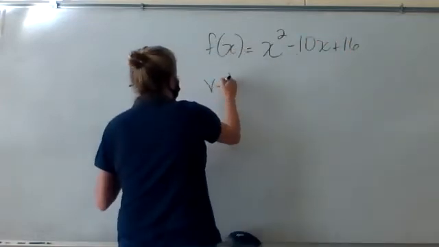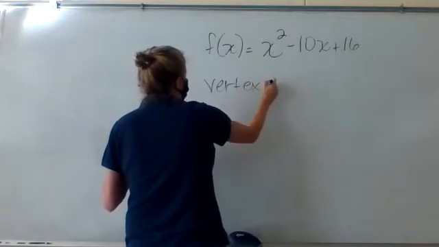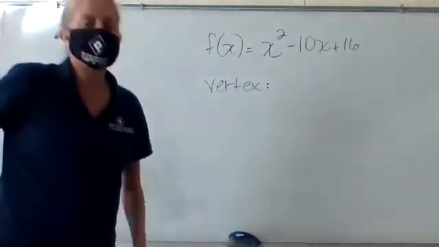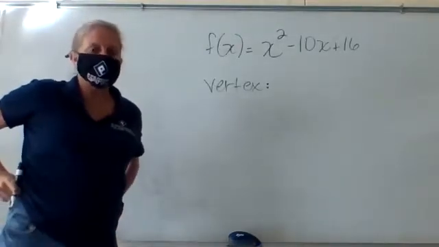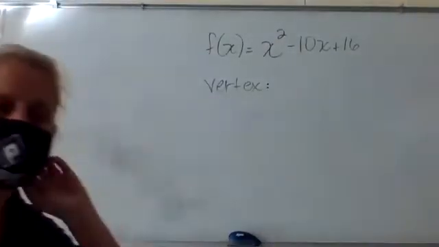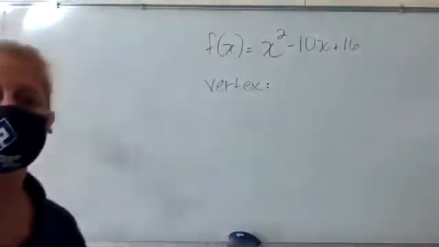The first thing it's going to ask me is, where is the vertex? Because the vertex pretty much gives you the information that you need in order to answer the rest of the questions. So what I'm going to do is put this function into my y equals and graph it.